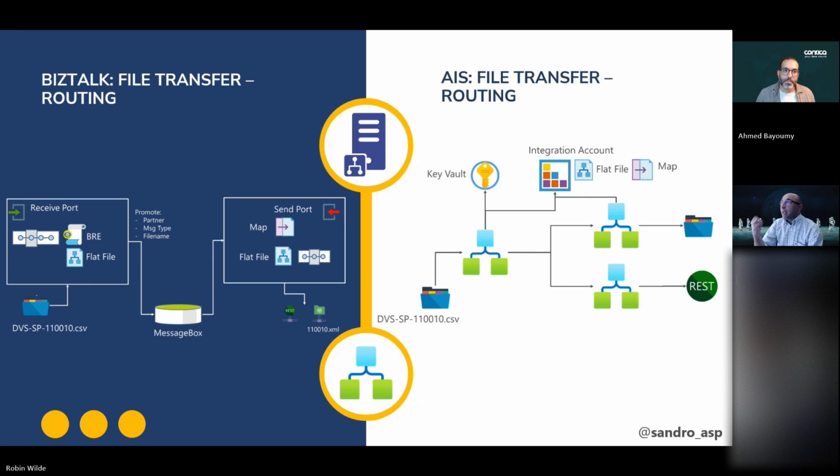What I did was create a Logic App that acts as my receive port, receive pipeline, and property promotion. The first Logic App that you see on the left gets the file, gets the file name, checks the split in that name, and then creates all my variables that promote those.